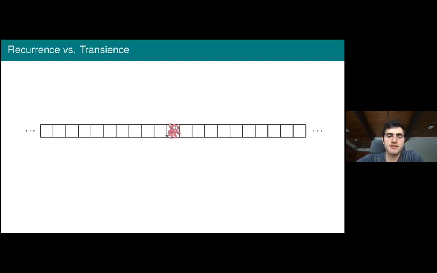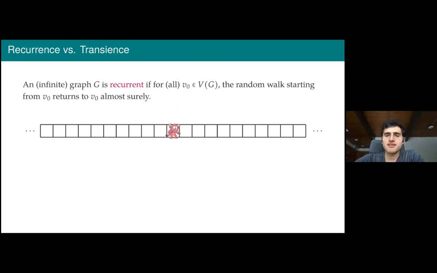So it turns out that doing a random walk is not the best strategy in the one-dimensional grid. In fact, in the one-dimensional grid, you get back to your starting point almost surely. We call such a graph recurrent: a graph in which a random walk revisits its starting point infinitely often.